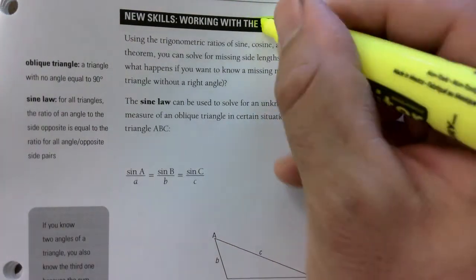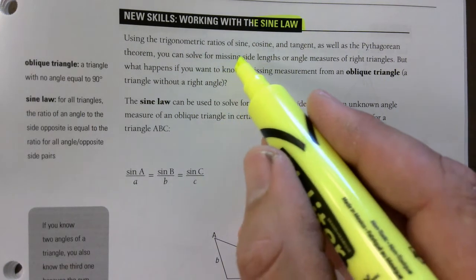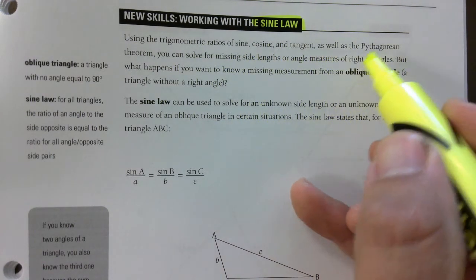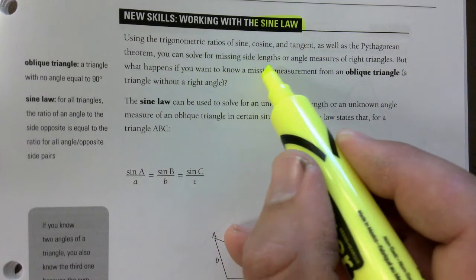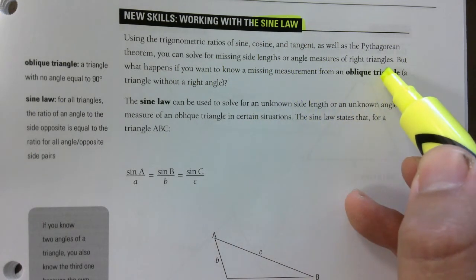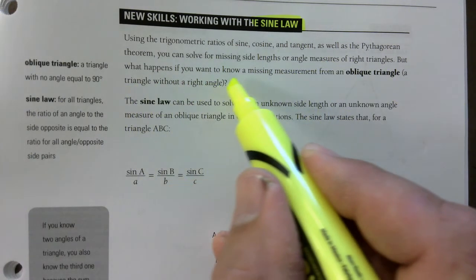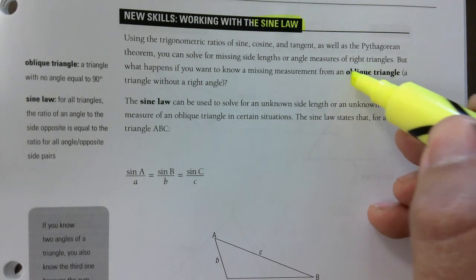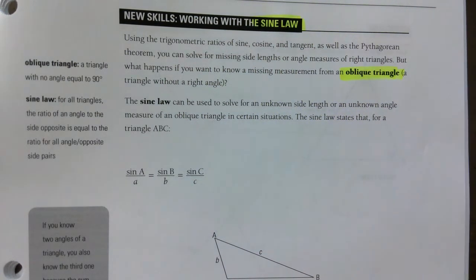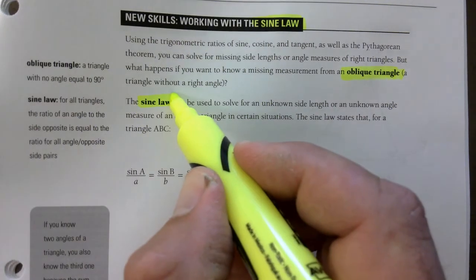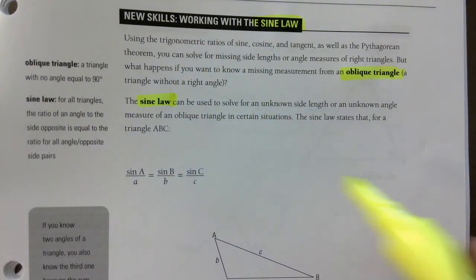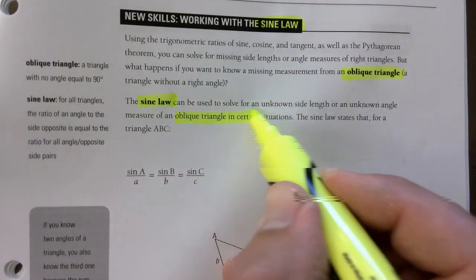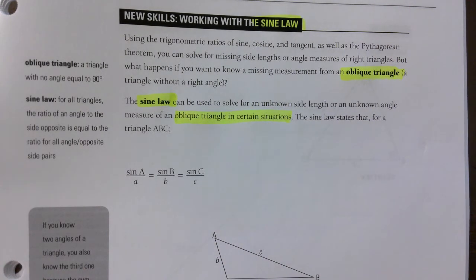Using trig ratios, sine, cosine, tangent, as well as Pythagorean theorem can solve for missing side lengths of right triangles. But what happens if you want to know something missing for an oblique triangle? What happens then? That's what we're going to discover today. So the sine law, right? You have to use an oblique triangle in certain situations.